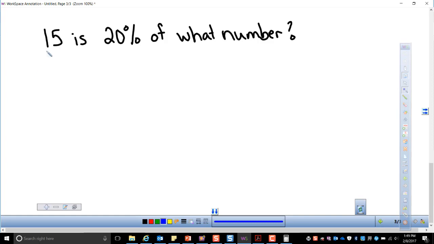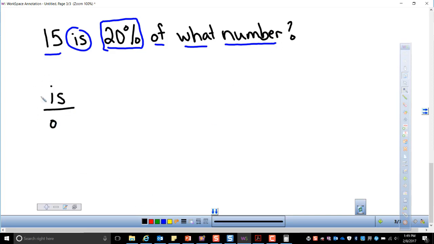So this says 15 is, and now it says 20%. So this one has the percent of what number? We don't know, but we're going to look for a number because the question is asking for a number. So I have is over of equals percent over 100.